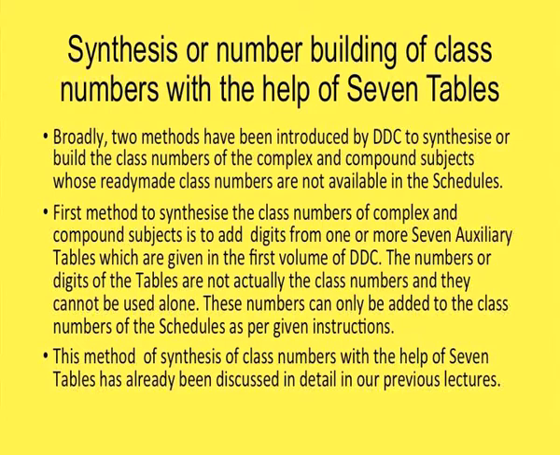These numbers can be only attached or added to the class numbers of the schedules as per given instructions. So, we have to follow the instruction and add these numbers from the tables. This method of synthesis of class numbers with the help of the tables has already been discussed by us in detail in our previous lectures.